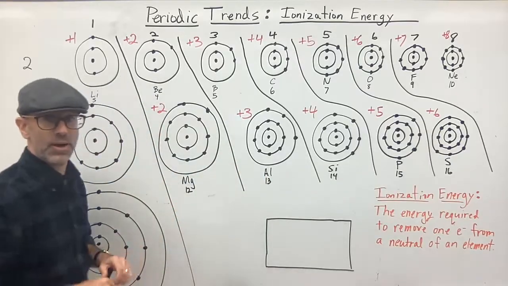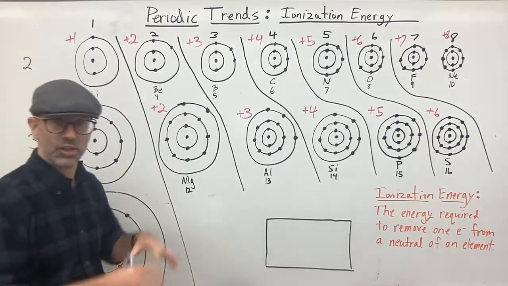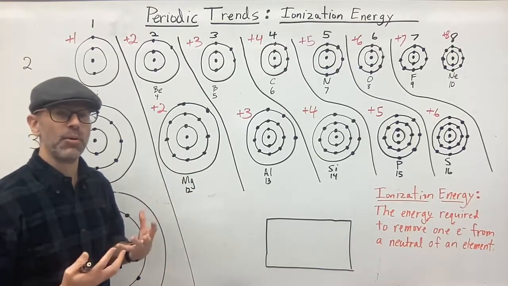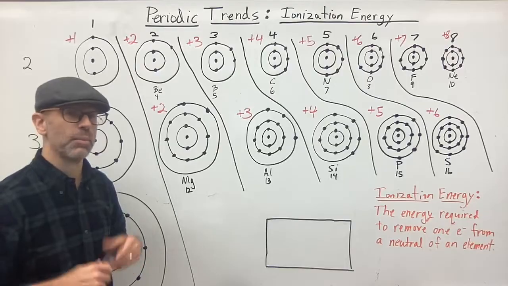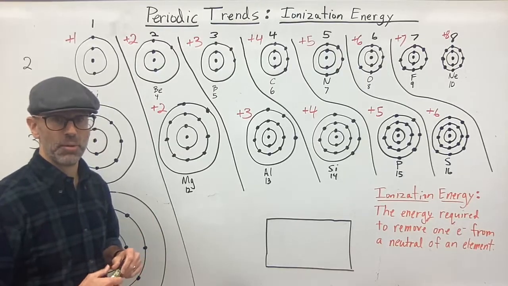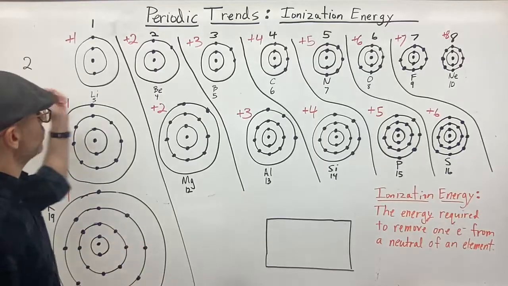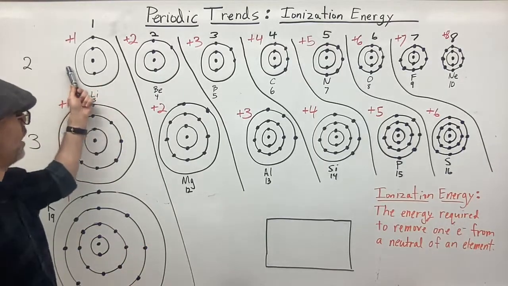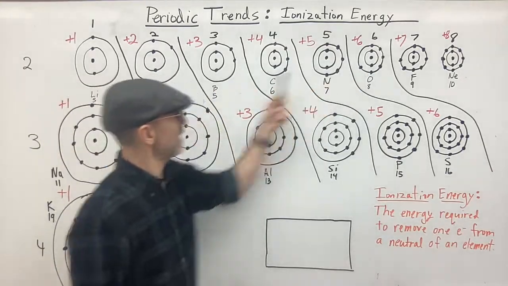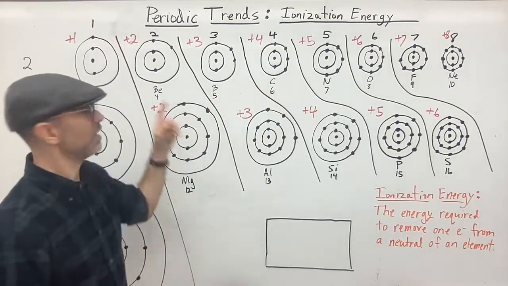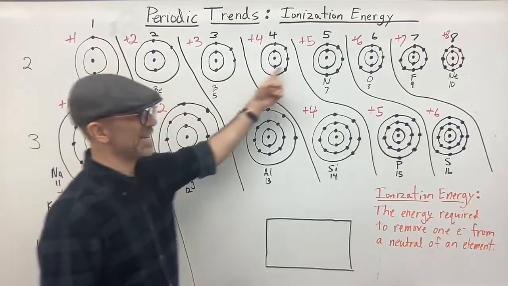So let's look at our periodic table. Let's look at the effective charge. Let's look at the size of the atom, right? If we can remember what's happening with the size of the atom and why, then we can remember the ionization energy. So we saw with the size of the atom that as you go across, the size of the atom decreases. Why? Because the effective nuclear charge is increasing.